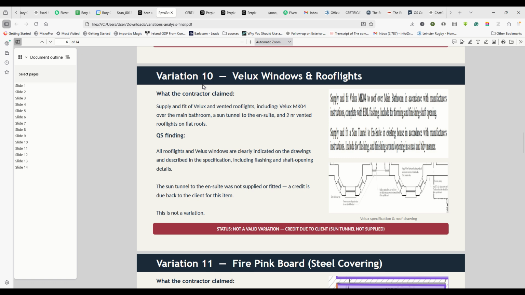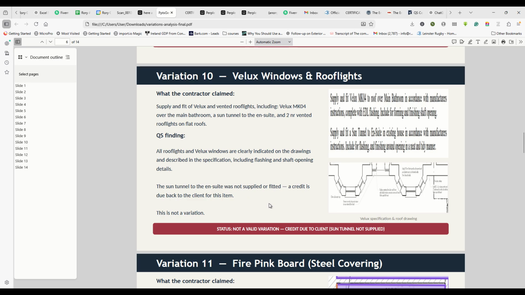Same here, looking for extras for Velux windows and roof lights, and some of this was around a low price put in by his quantity surveyor, so he thought he was entitled to more, but the reality was he wasn't. And then there was a sun tunnel in the ensuite that wasn't fitted, and this was a credit back to the clients as well.